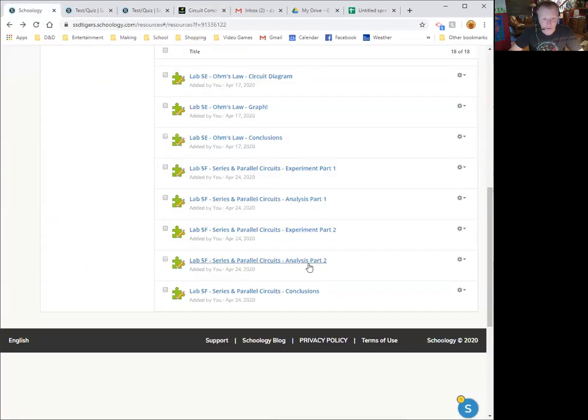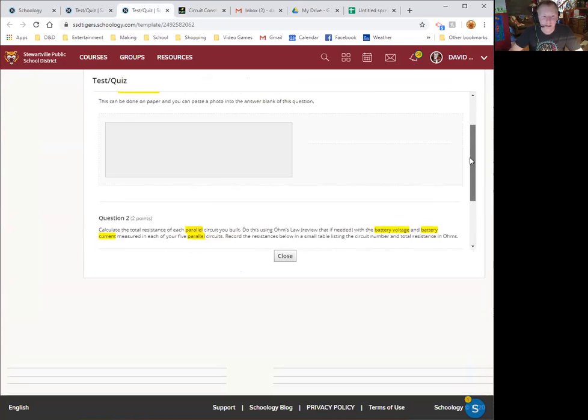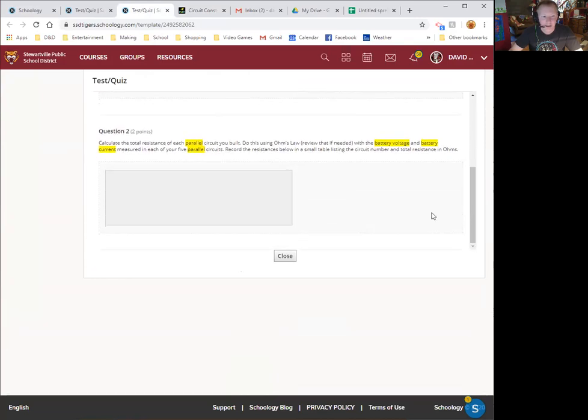The next part of this is analysis part 2, which looks like the previous analysis. Here is the draw 5 parallel circuits, and I'm going to break off and do that in another video. Over here, just like the previous analysis, calculate the total resistance of each of these parallel circuits you built. Do this using Ohm's law. Review that again if you need to.